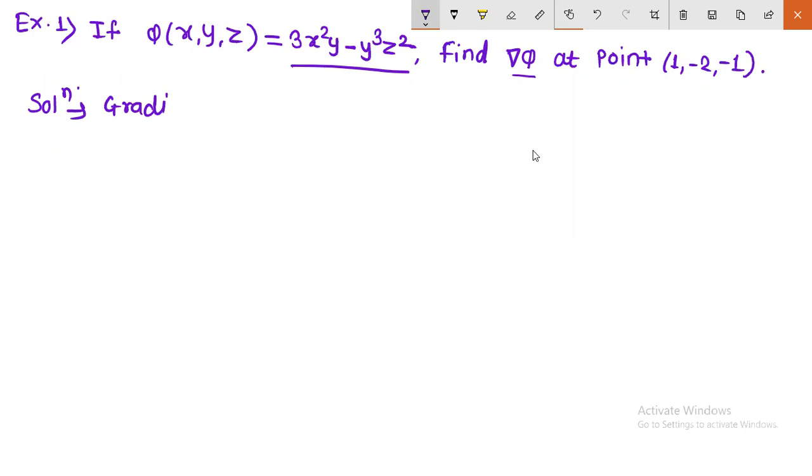So here, solution: gradient of this phi, that is del into phi, is equal to, we are using the Cartesian system. So what is the formula for del into phi, the gradient in Cartesian system?